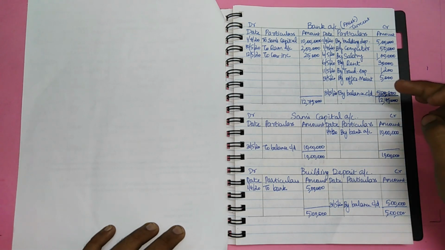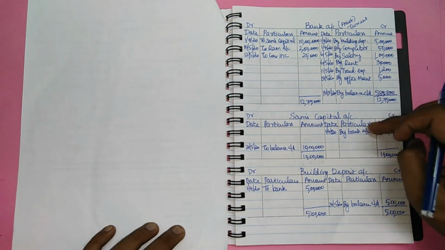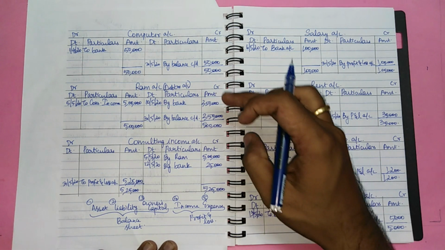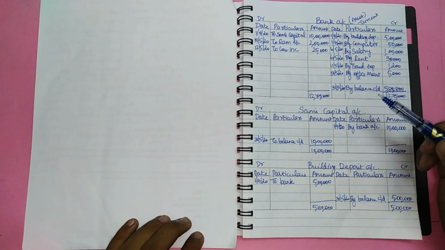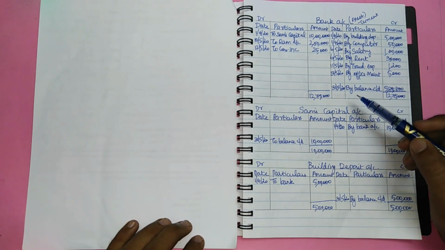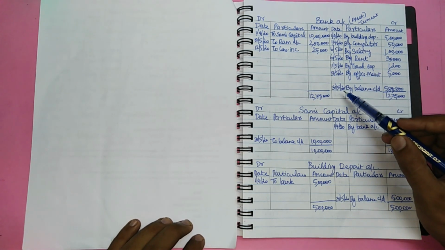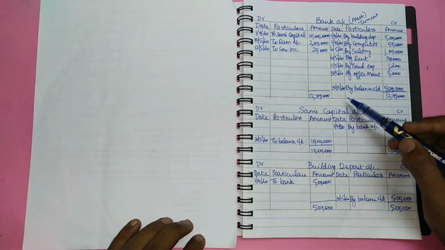Here you can see 3 ledger accounts, again 3 on this page, and 4 ledger accounts here. Totally we have 10 ledger accounts. Now we are going to take these balances to our trial balance. As you can see, we have arrived at the balances of all these ledgers on 31st May 2020. So we will be preparing the trial balance as on the same day.